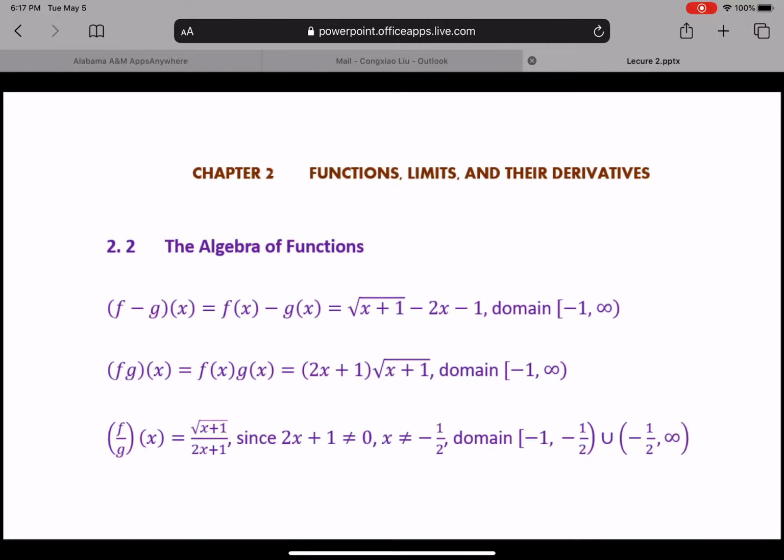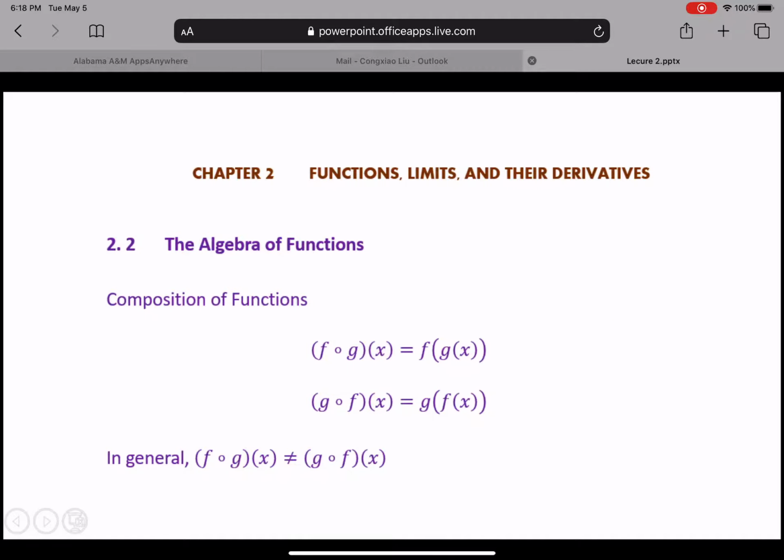That gives us a restriction in the domain, which is x not equal to negative one half. So we need to take negative one half off the domain of f and g. The new domain of this function is the union of two intervals, namely the interval from -1 to -1/2, union -1/2 to infinity.